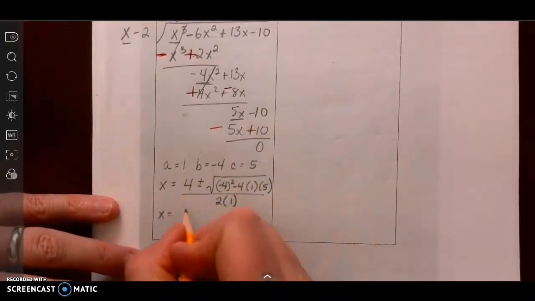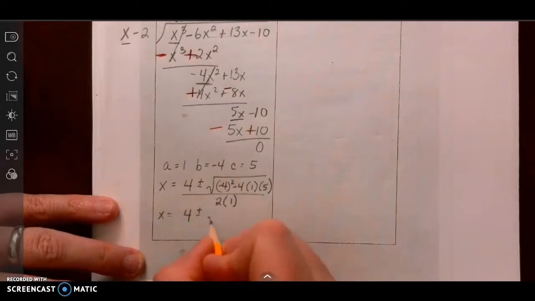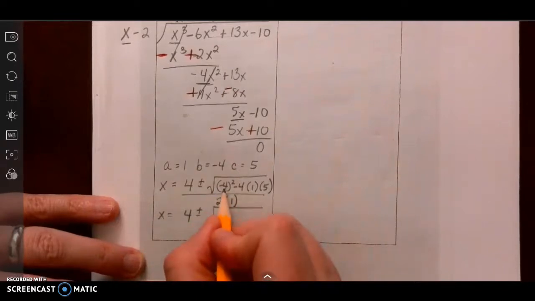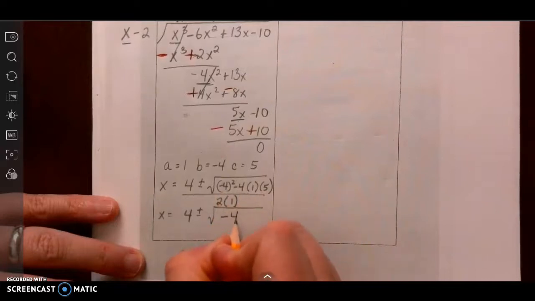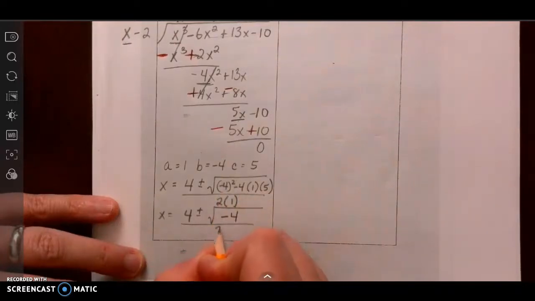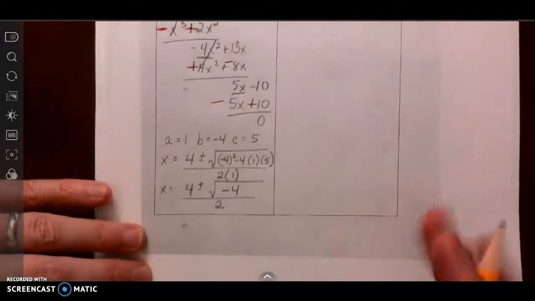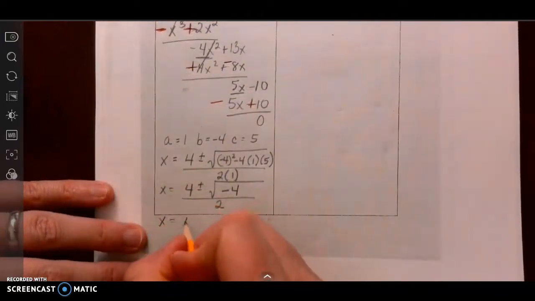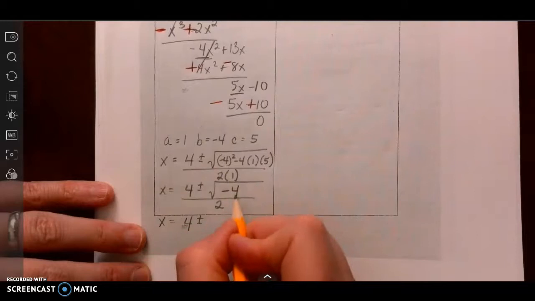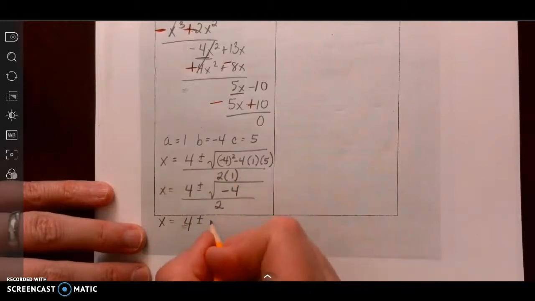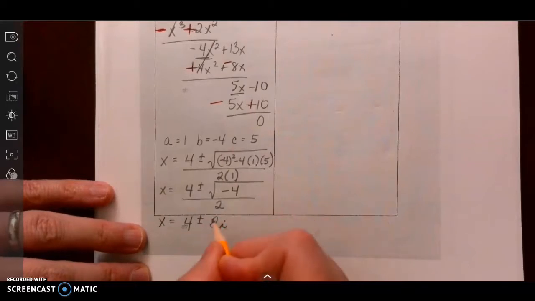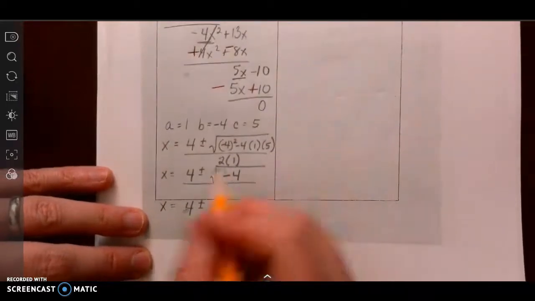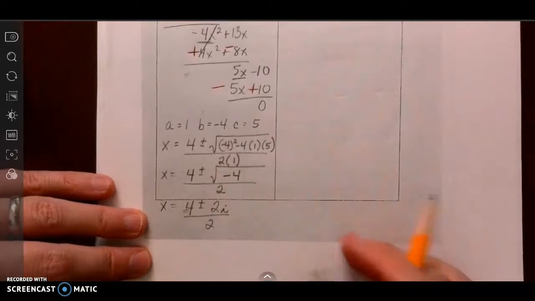So x equals 4 plus or minus, I get 16 minus, this is 20, so I get negative 4, divided by 2. x equals 4 plus or minus the square root of negative 4, I'm sorry, is 2i, because the square root of 4 is 2, and the square root of negative 1 is i, all divided by 2.